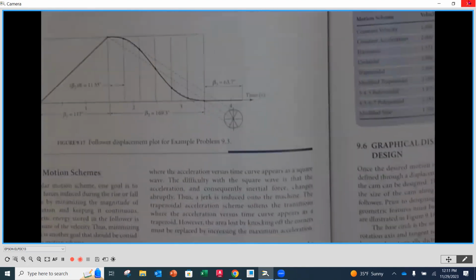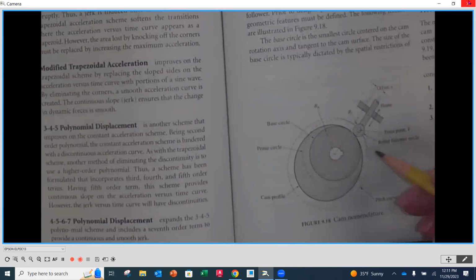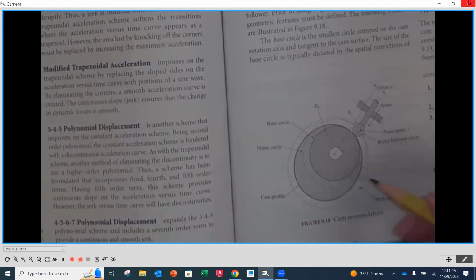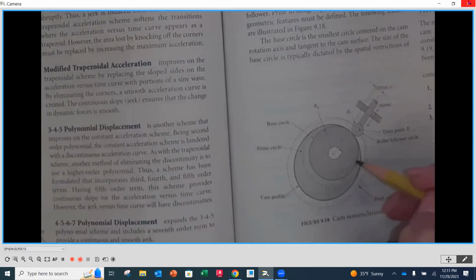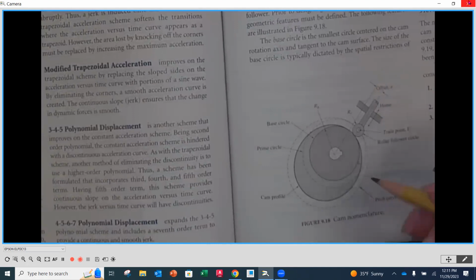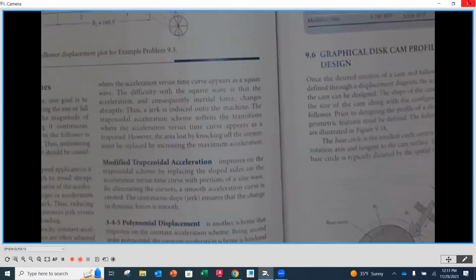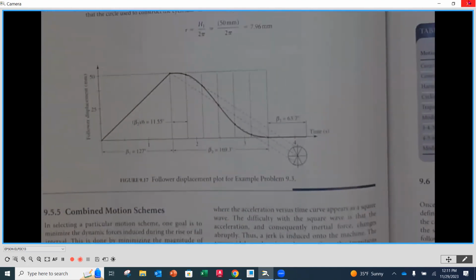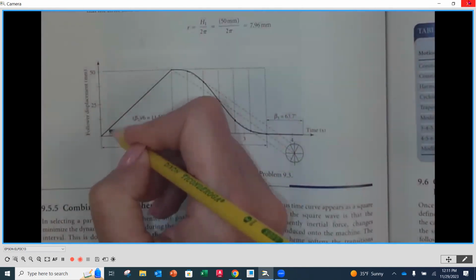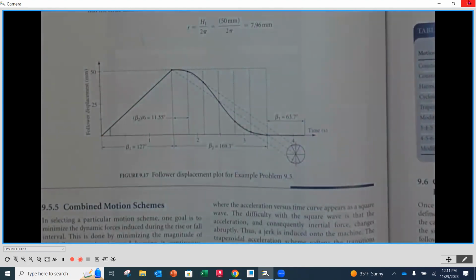And then as we go back over here and we start taking movements, do you see how, from the base circle here, if I look at this distance, now it's not going to be constructed exactly this way, it's going to represent, for instance, that I'm going to go that number of degrees. That's going to be that distance from the base circle up to the movement that I need.